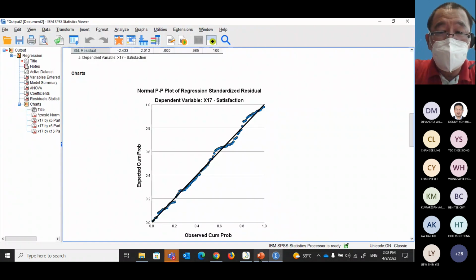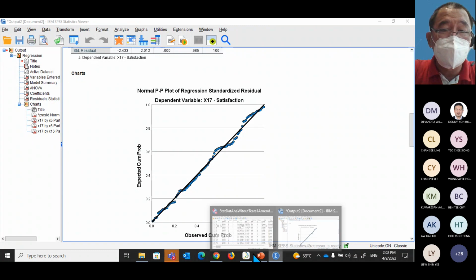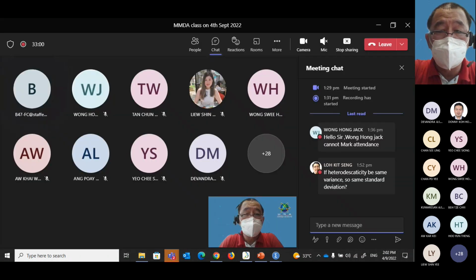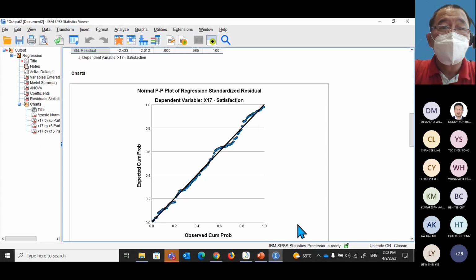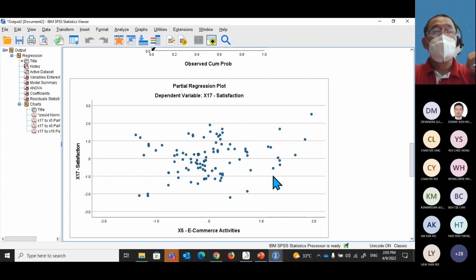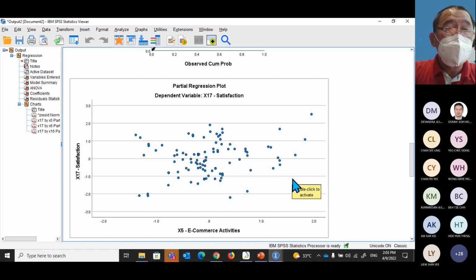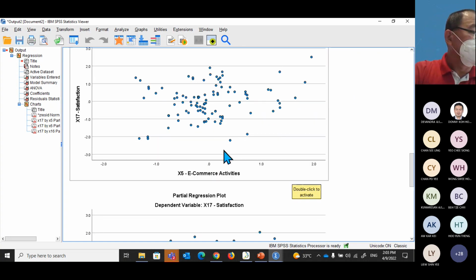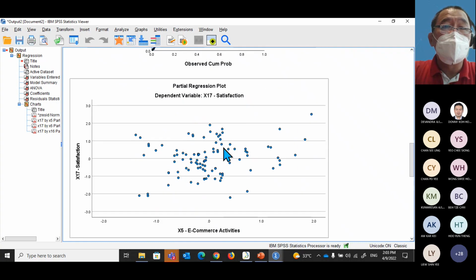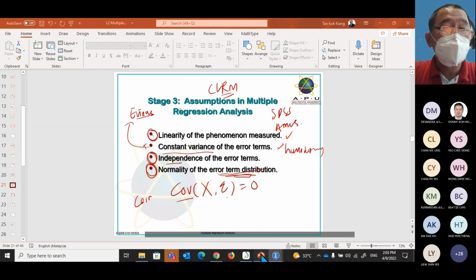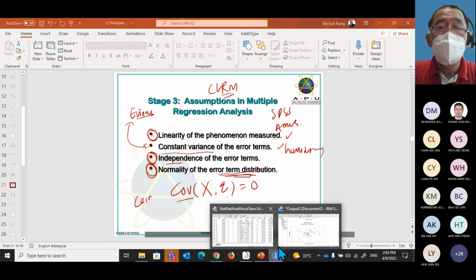If no question, now we see next. This one is a partial regression plot.